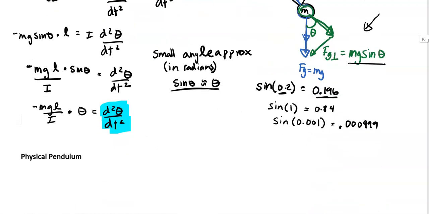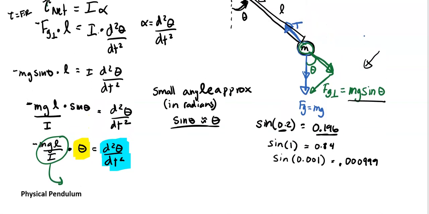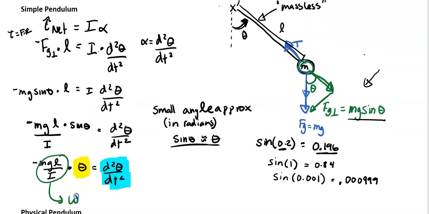So this whole thing right here is going to be omega squared. So we know omega squared equals mgL over I. So omega is just the square root of mgL over I.